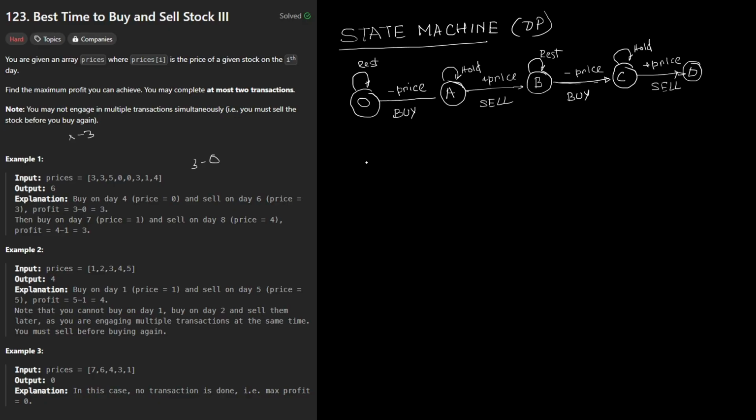Now whenever you are buying a stock, there would be 2 conditions, so in that case I have to take the maximum: the maximum of the current state and x, where x would be the previous state minus price.